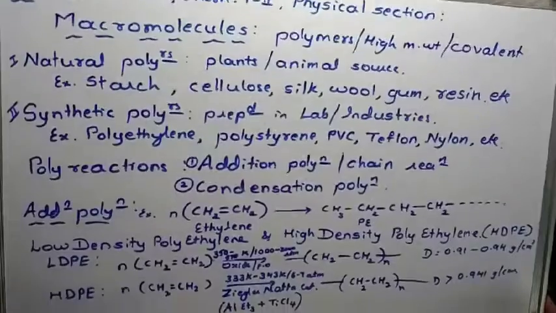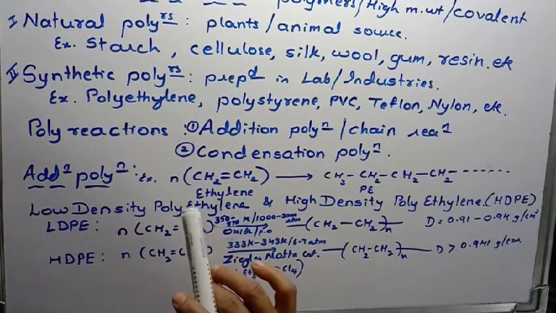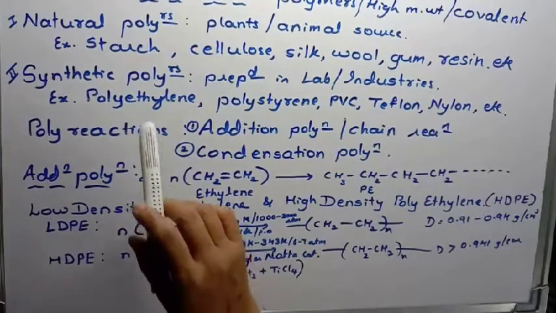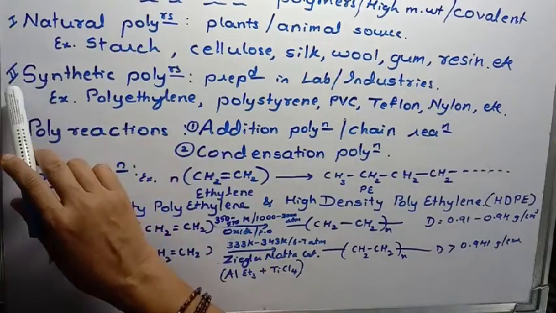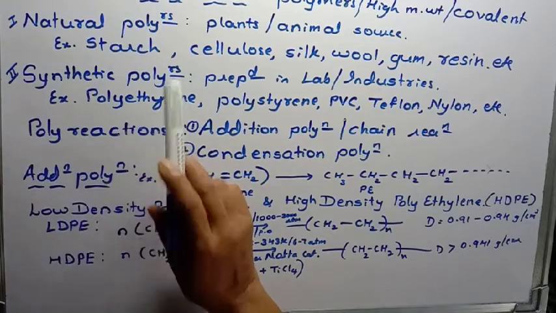Based on their origin, the source from which they are obtained, polymers are classified into two types: natural polymers and synthetic polymers.